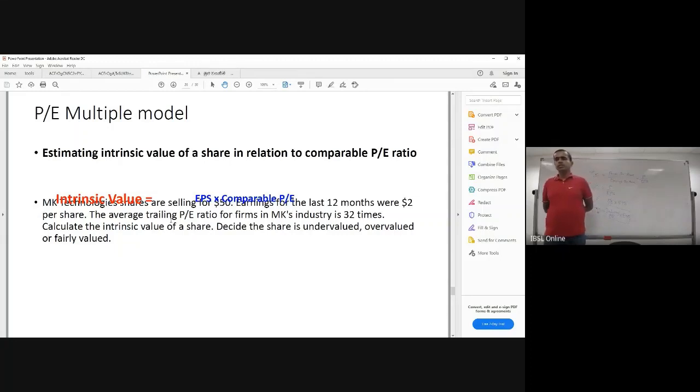Calculate intrinsic value of a share and decide whether it's undervalued, overvalued, or fairly valued. What do you all think? Undervalued.